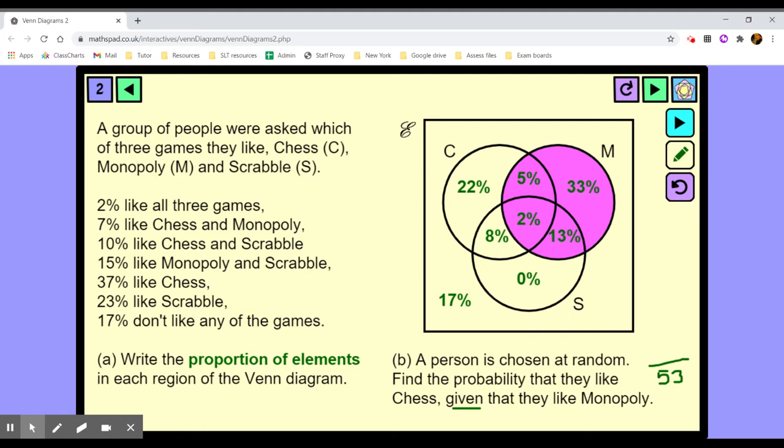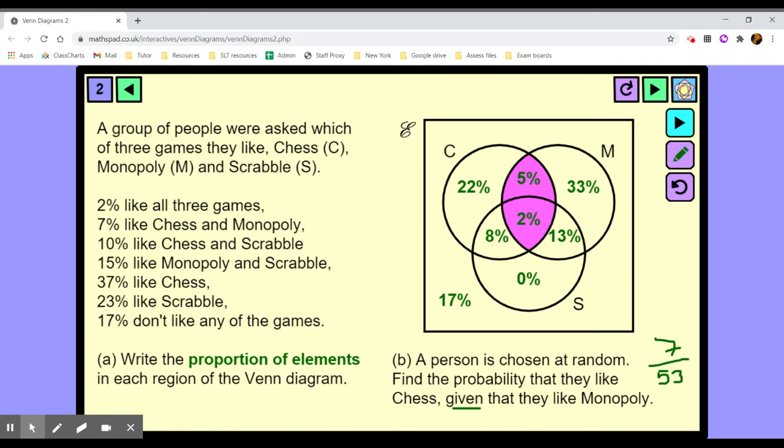And I'm actually interested in how many of those people like chess. The ones that are still in the chess category are the 5 and the 2, therefore giving me 7 out of 53.